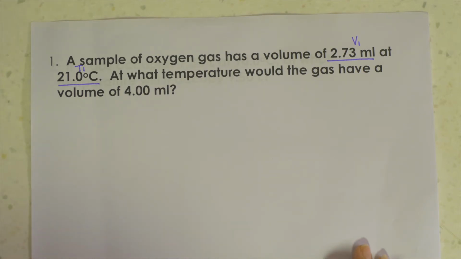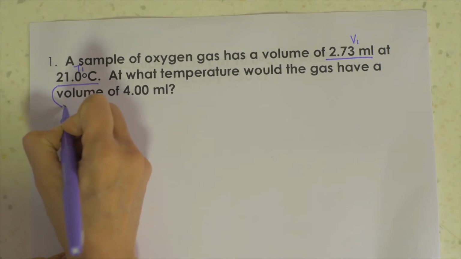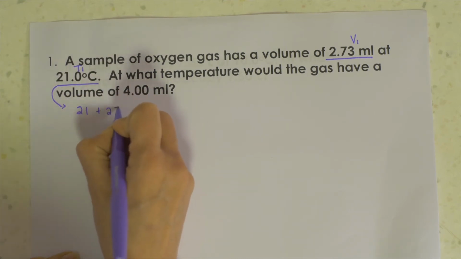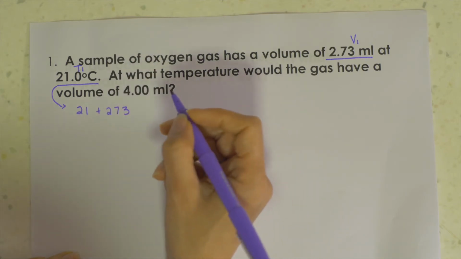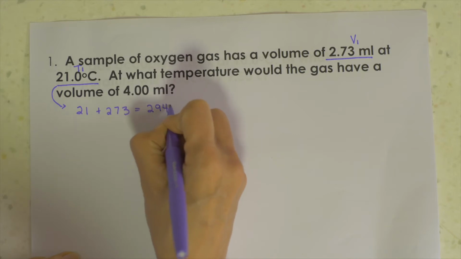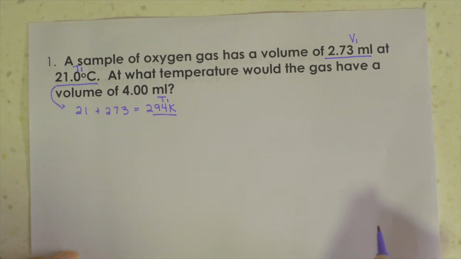We want to use Kelvin, and so in order to convert Celsius to Kelvin, we always add 273. So if we come down here and we say 21 plus 273, that's going to give us 294 Kelvin. And so really this is what we're going to use for temperature 1.